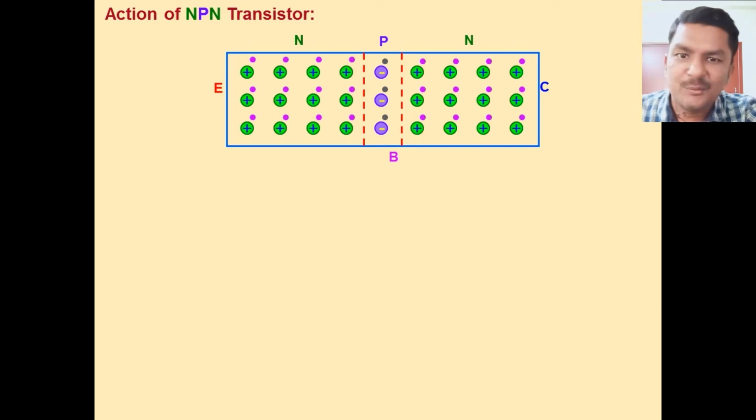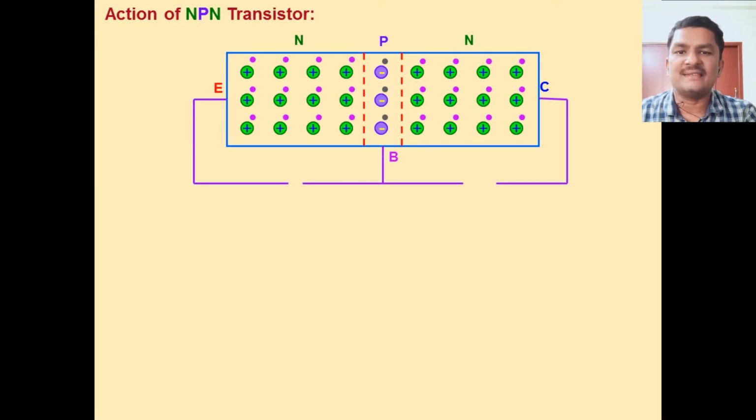Next we move on to the action of an NPN transistor. In an NPN transistor, the base is a p-type semiconductor and the emitter is n-type semiconductor. The collector is n-type semiconductor. Emitter is heavily doped. Base is lightly doped. And collector is moderately doped.